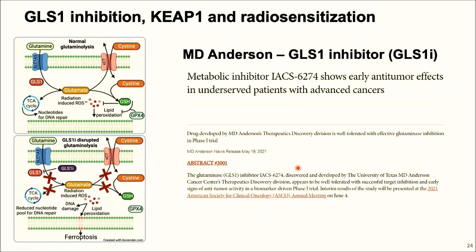This GLS1 inhibitor is now in phase 2 clinical trials. We already tested toxicity, and there are only minimal toxicities that are manageable. There was some efficacy as well in a phase 1 clinical trial, so we're moving to phase 2. But the goal is also to try to combine this GLS1 inhibitor with radiation.